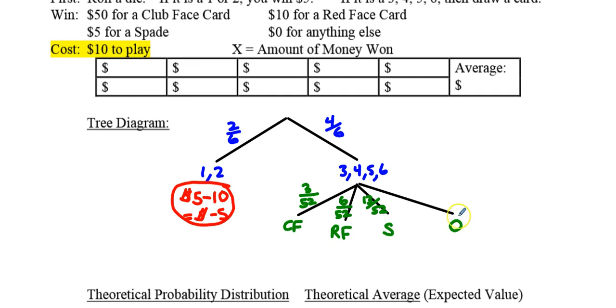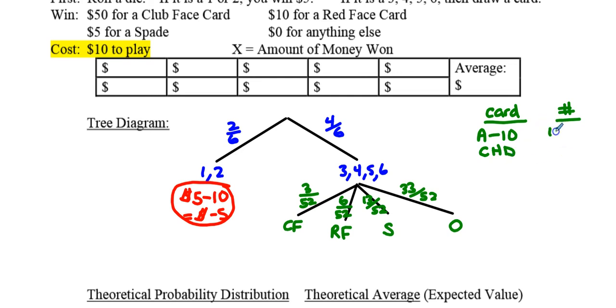So again, what you can do is you can add up all of the different cards. So what we have is the aces to the tens of the clubs, hearts, and diamonds.